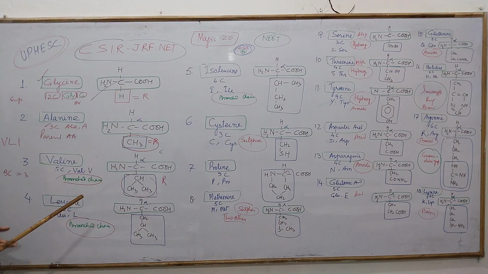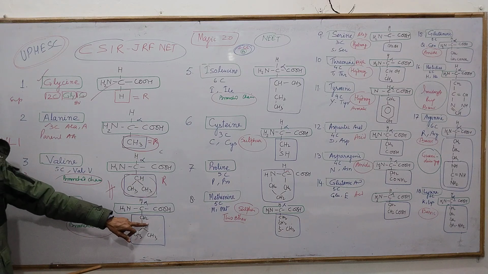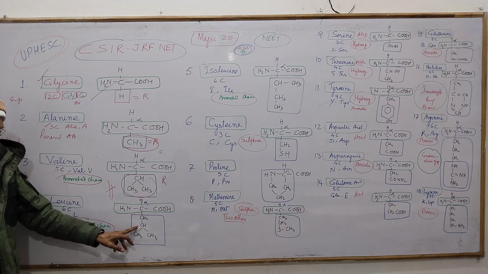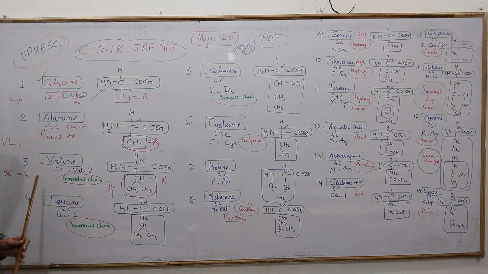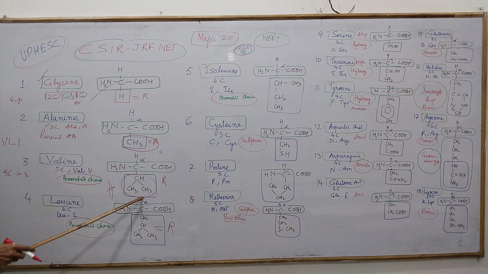Now the next member, leucine. What is the difference between these two? One additional methyl group is attached, making 6 carbon atoms; an isobutyl chain is there in the R group, with 4 carbons attached to the alpha carbon atom. So this is the leucine branched chain.